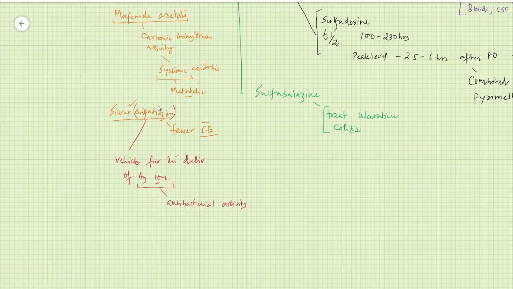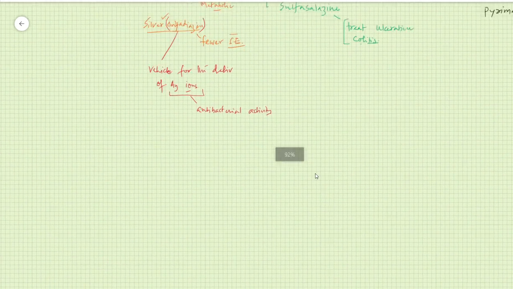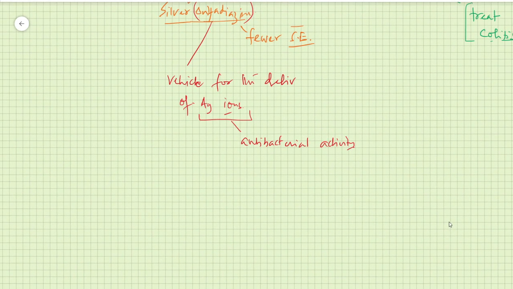Okay, the sulfadiazine molecule also has antibacterial activity, but when it is combined with silver, the activity of silver kind of predominates. So that is not to say that sulfadiazine does not have activity, but to remember that silver ions are responsible for the majority, the lion's share of the antibacterial activity, if you will.